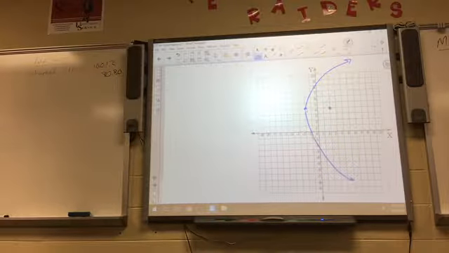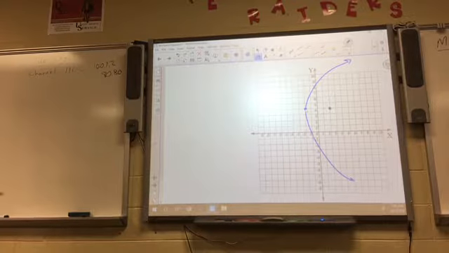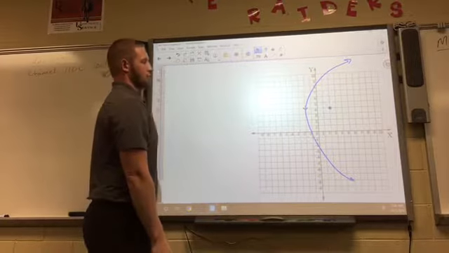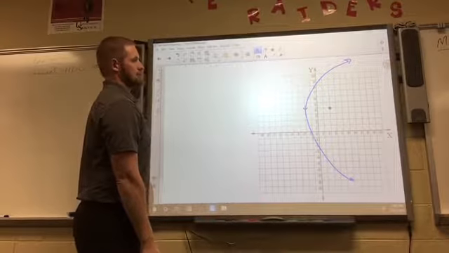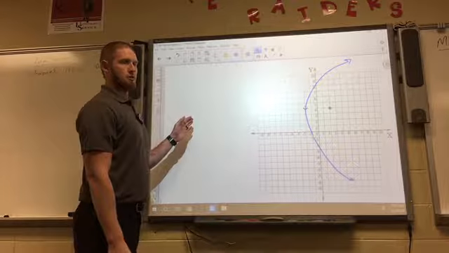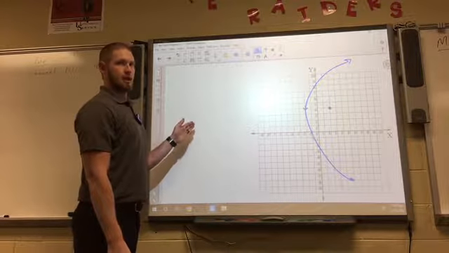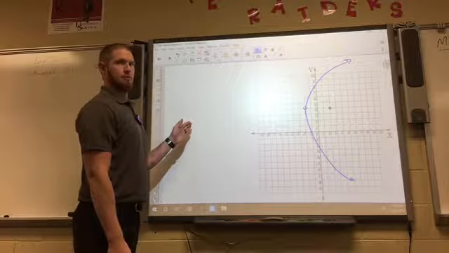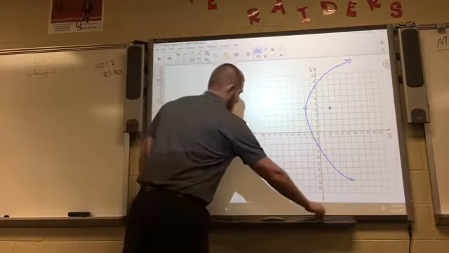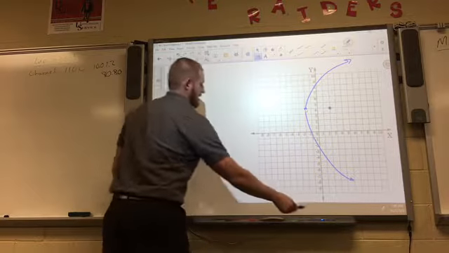What variable do we need to know to be able to write that equation? It's the same one we needed to know yesterday. P. We got to know P. Okay? Now before we even get started with this, is this going to be an x equals or a y equals equation? X equals, because it's opening sideways, right? So I know that it's going to be x equals.